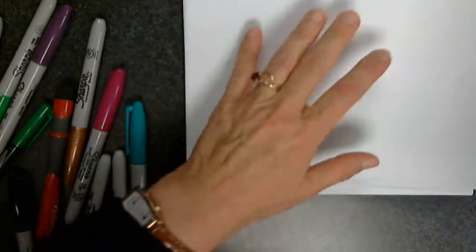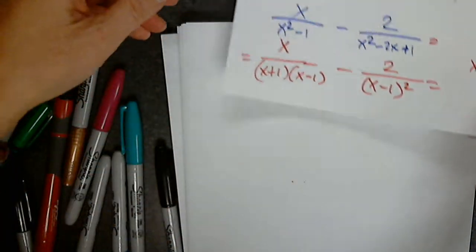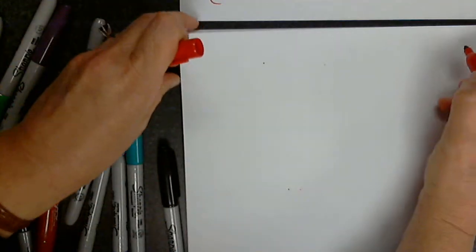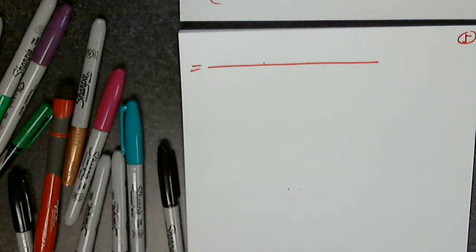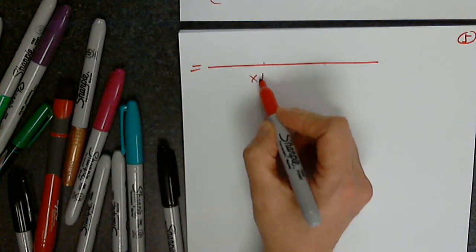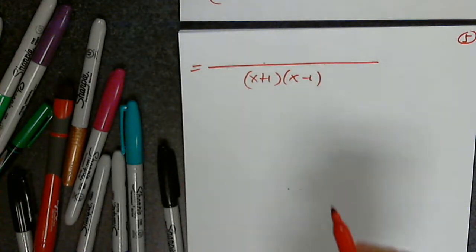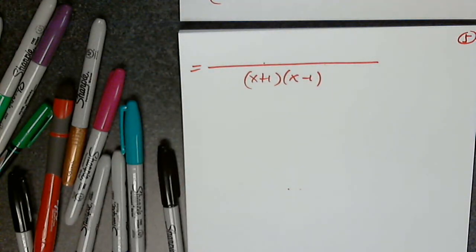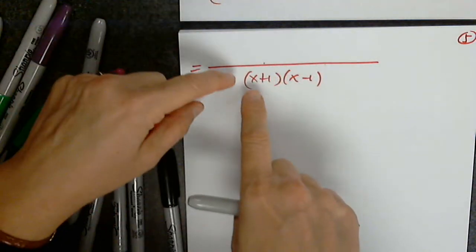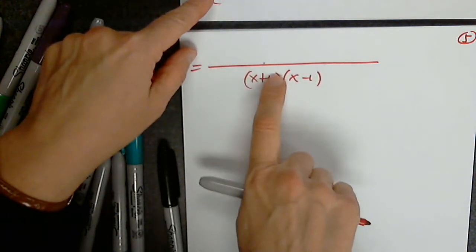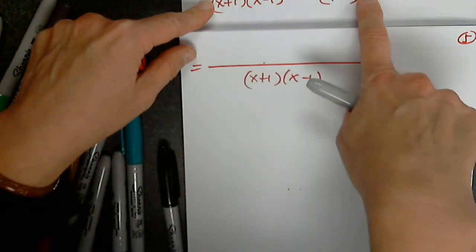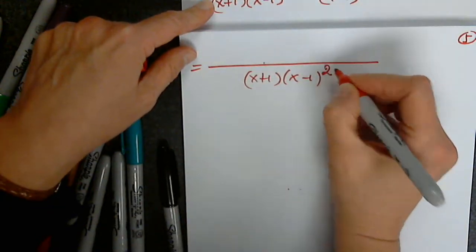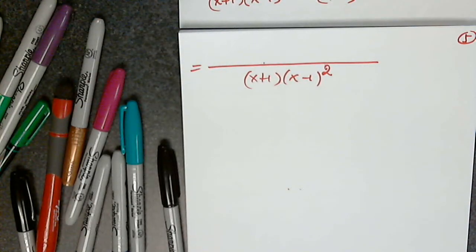So now, what will be the LCD for this problem? All different factors, x plus 1, x minus 1. But now I have to look at the powers. There is nothing I can do to x plus 1. Power 1 stays with power 1. But x minus 1 has here power 1 and here has power 2. I have to use the highest.